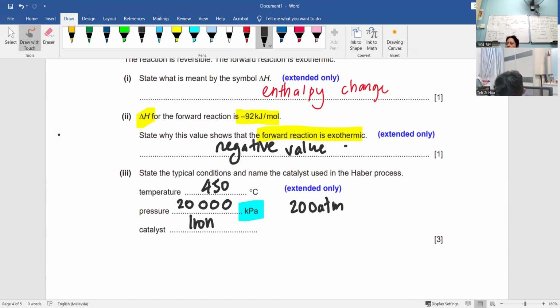All right. Okay, so now there is another thing that we do other than the Haber process. It's called the contact process. Now, the contact process is a four-part reaction.